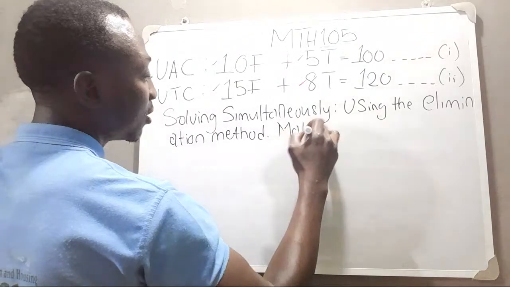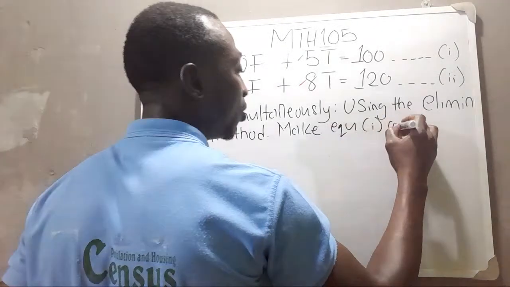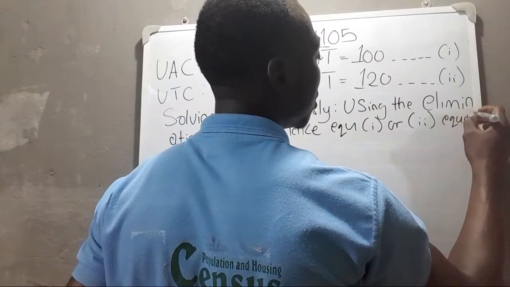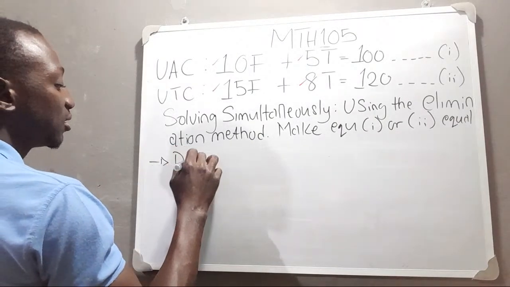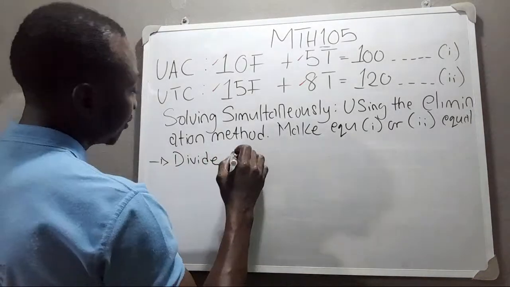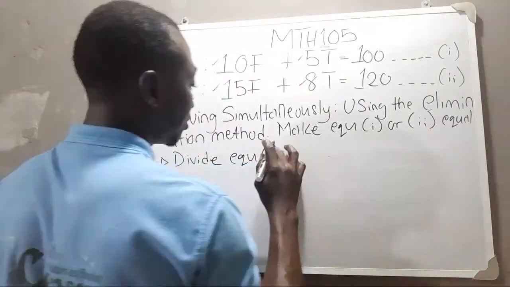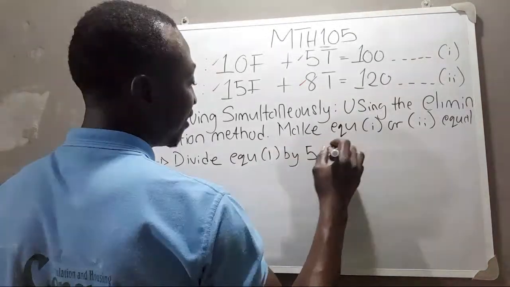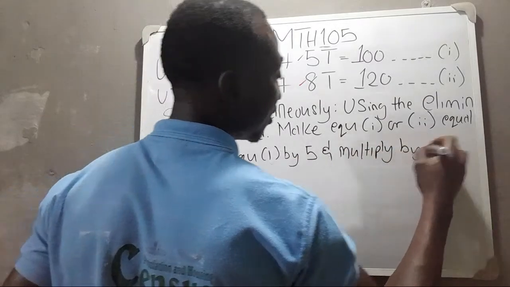To make equation 1 and 2 equal, we are going to divide equation 1 by 5 and multiply by 8.